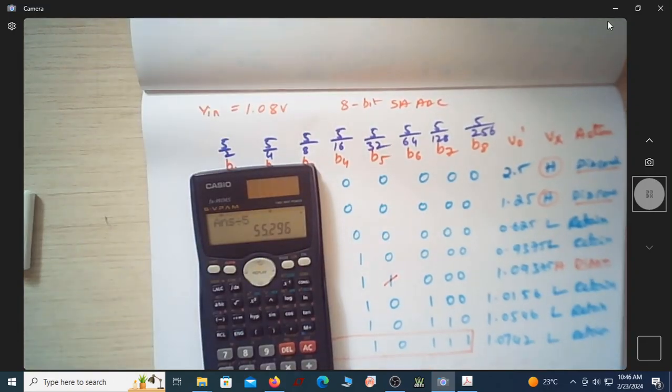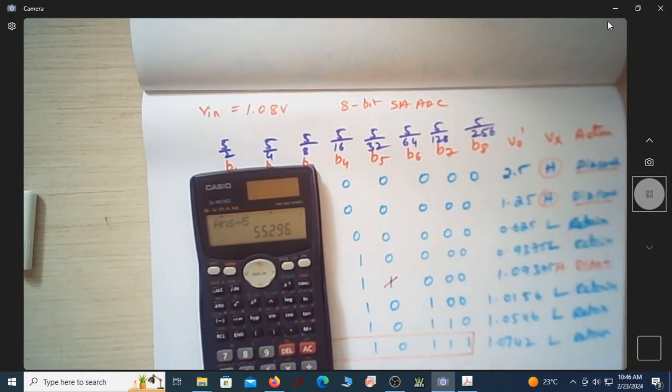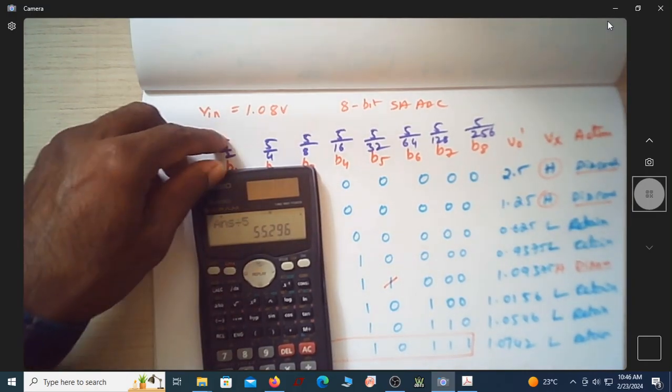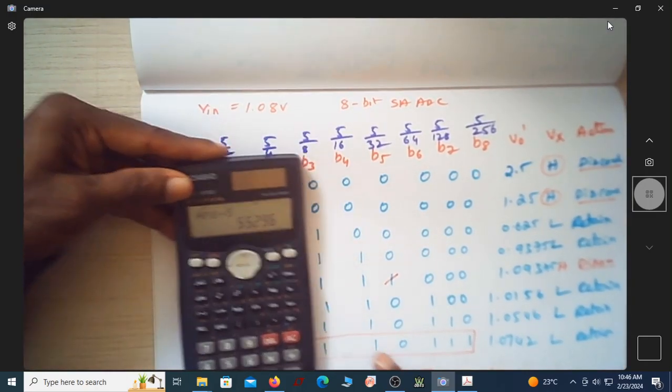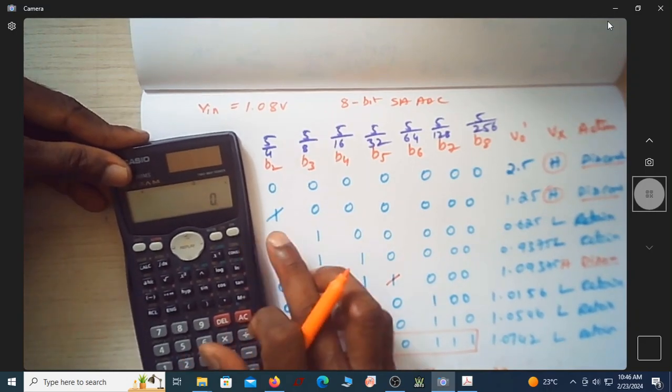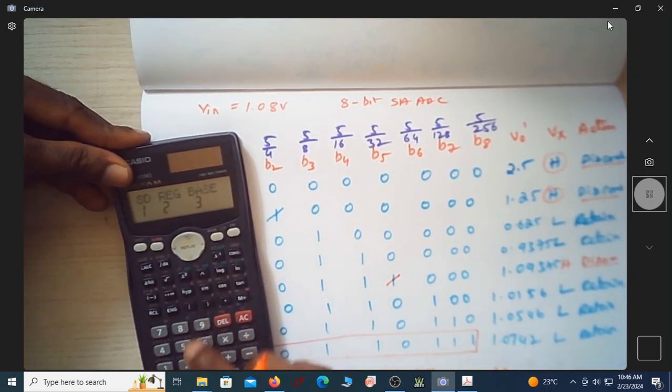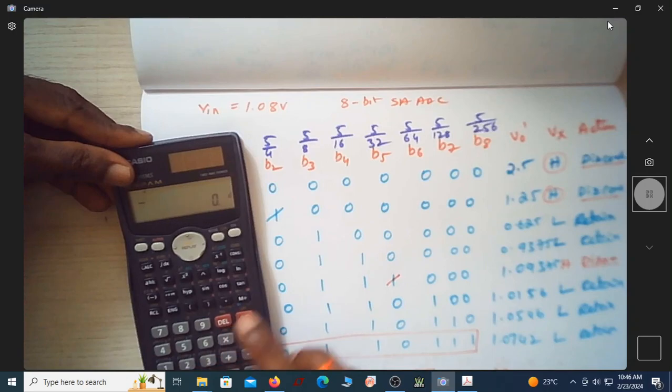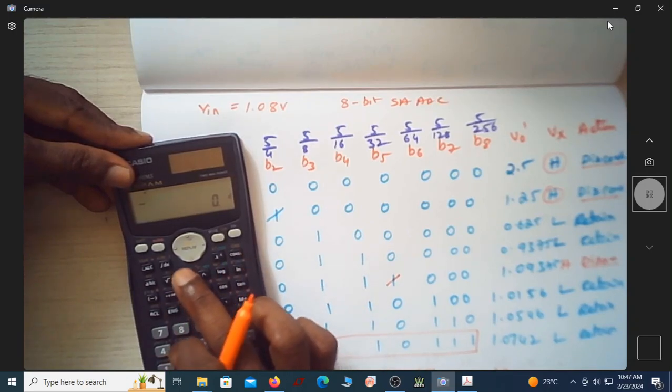Can you see it is now 55.29. If it is 55.29, it will be rounded down to the lesser number, which is 55. Let us find what is now the conversion of, okay, let me just say decimal.